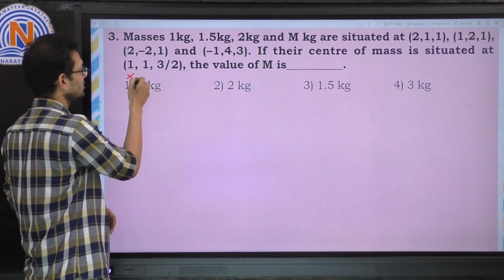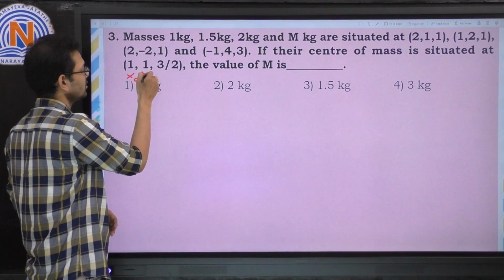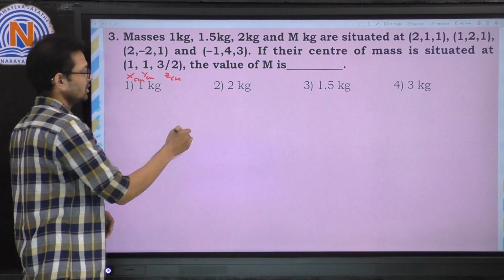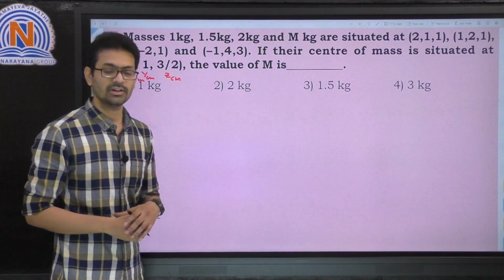Let us think this is x center of mass, this is y center of mass and this is z center of mass. Now x, y, z center of masses they have given.